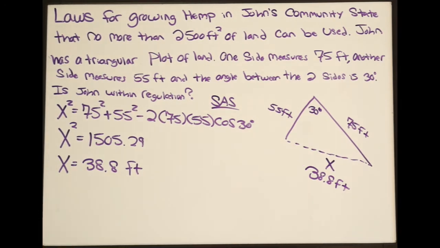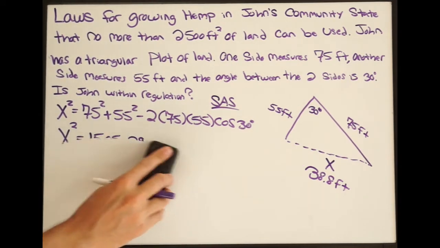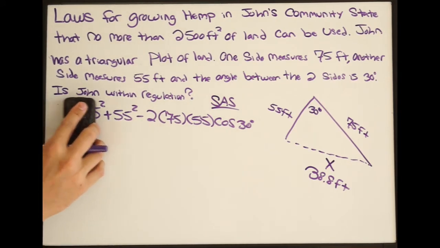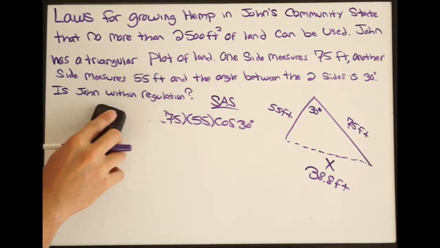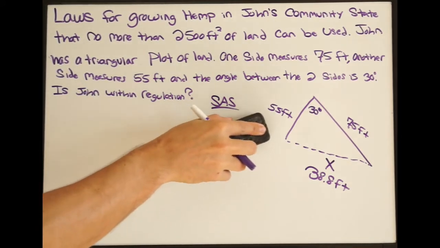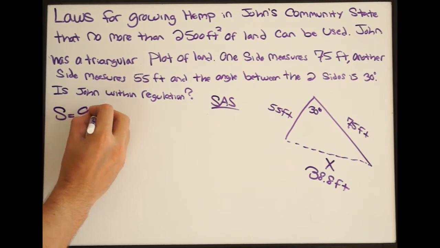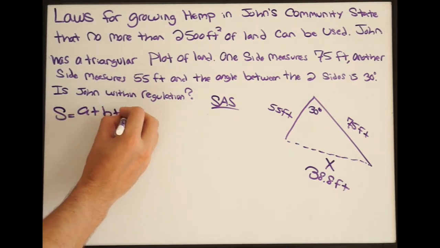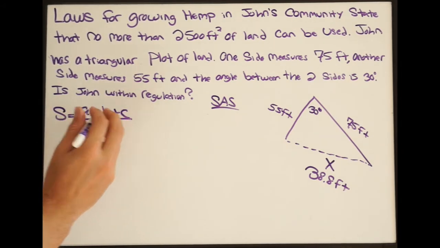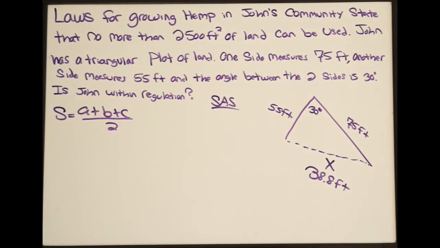Now here comes step two. We're going to use Heron's formula. Let's go ahead and erase this, and I will write out the formula. Heron's formula has two parts. First, you need to find what S is. S is equal to A plus B plus C, divided by 2. A, B, and C are just your side lengths.